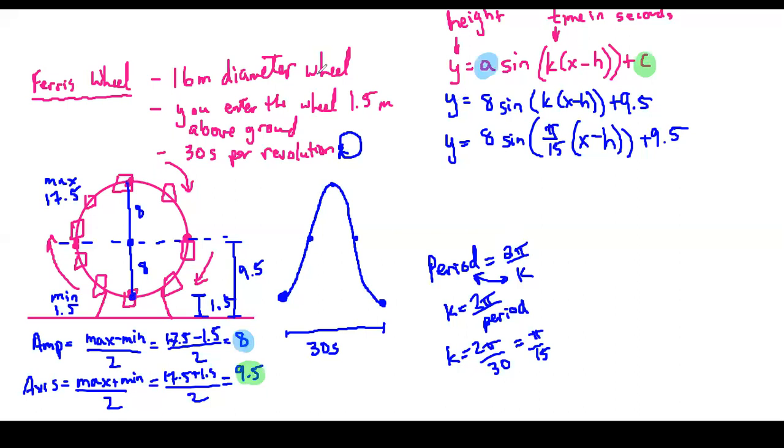If h equals 0, I want to start with the sine wave, because really what we've done is at x equals 0, remember, we've said that this height should be at 1.5. And then it goes up to 17.5.